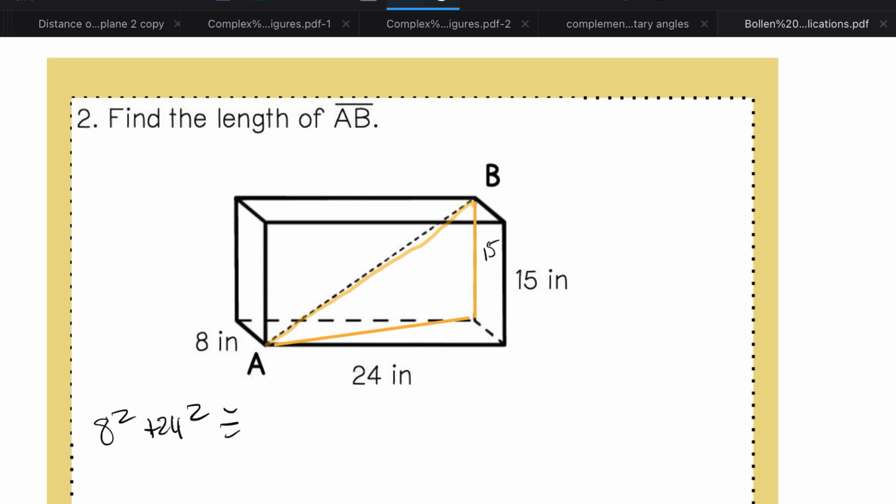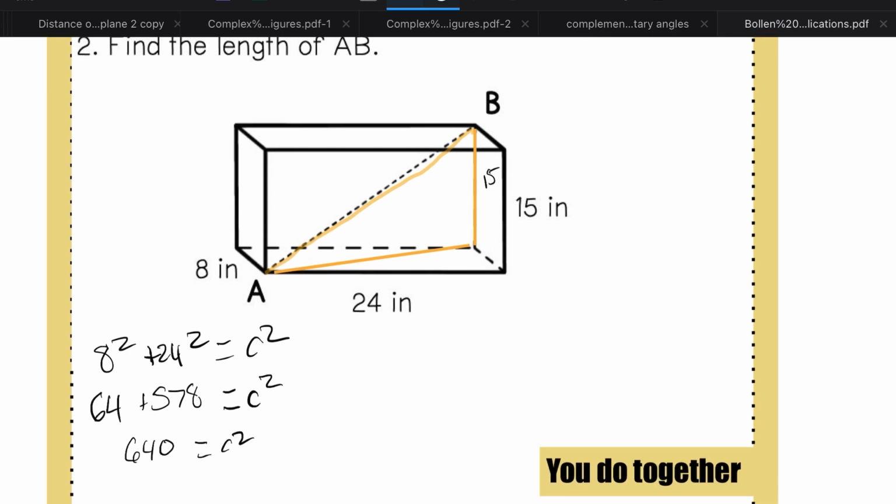equals c squared. So we have 64 plus 24 times 24 is 578, or not 578 squared, just 578, we've already squared it, is equal to c squared, which is equal to 640, and then the square root of 640 is equal to 25.1.